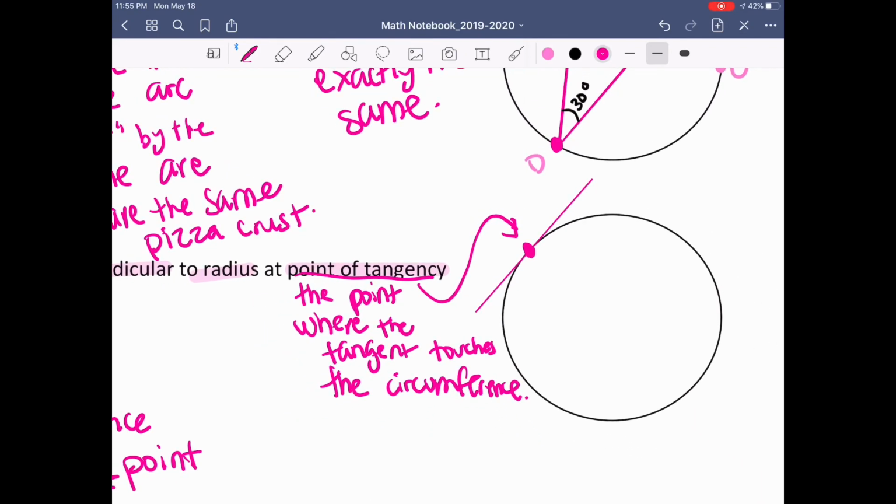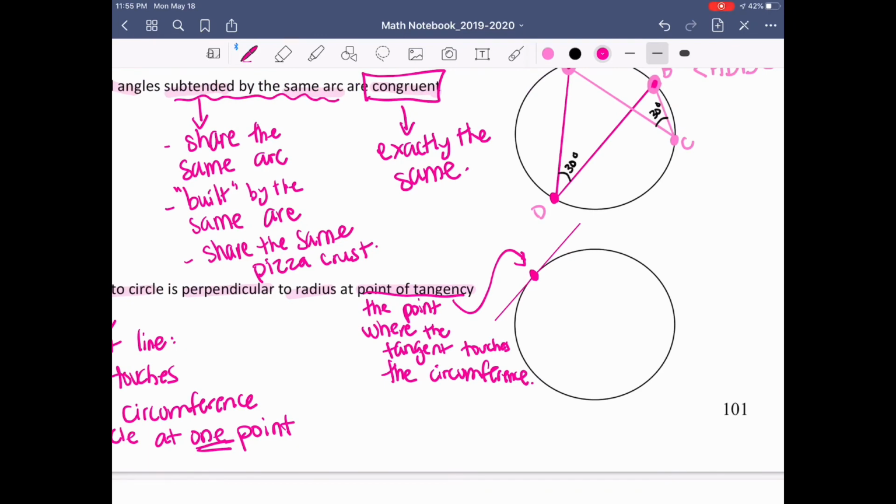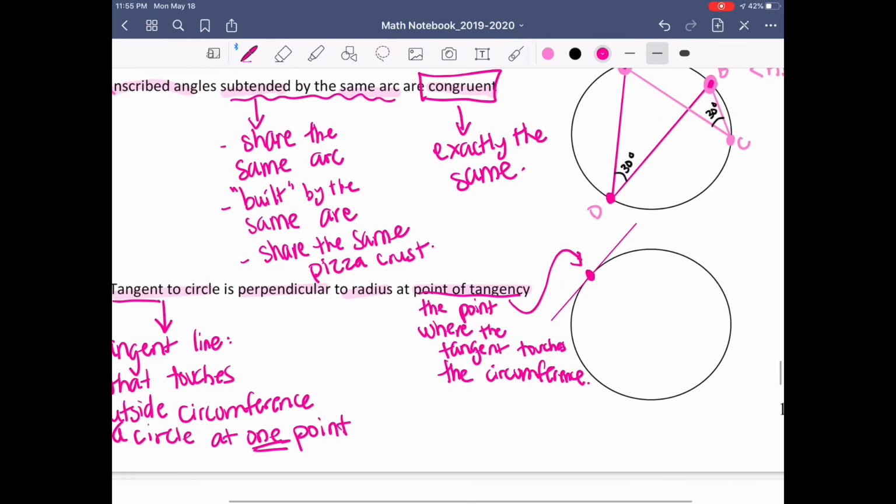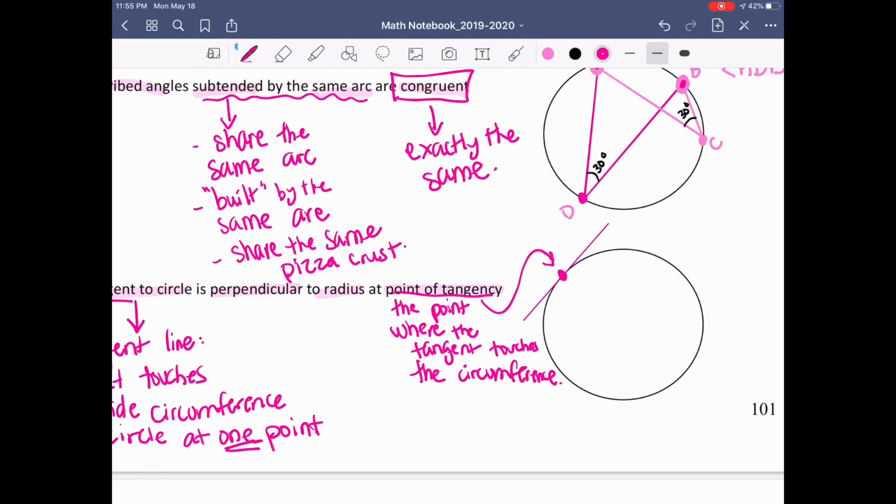This rule is saying that when you draw a perpendicular line to the tangent line, right here, that perpendicular line is basically the radius of the circle.